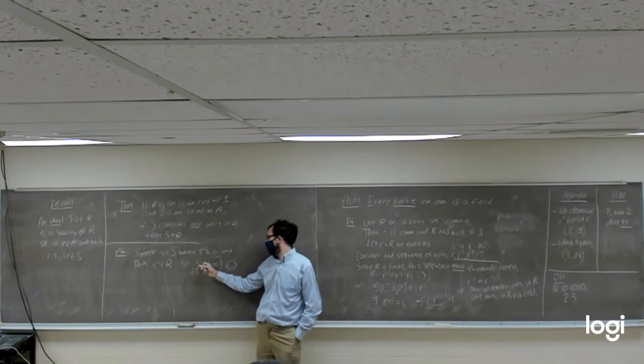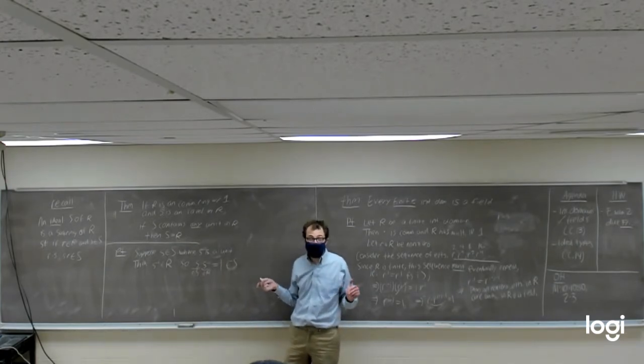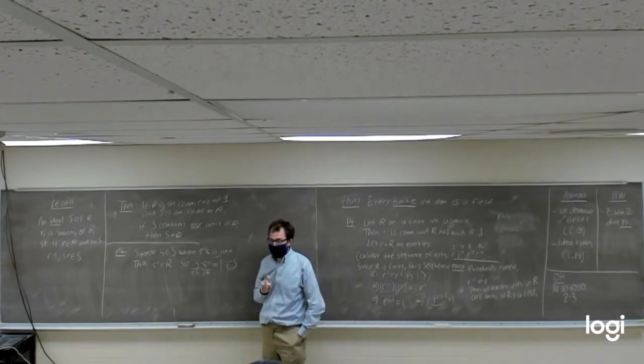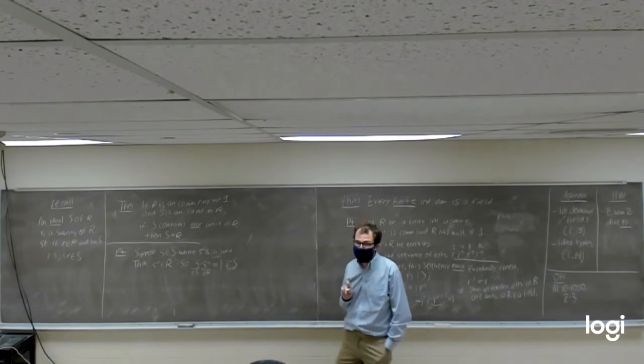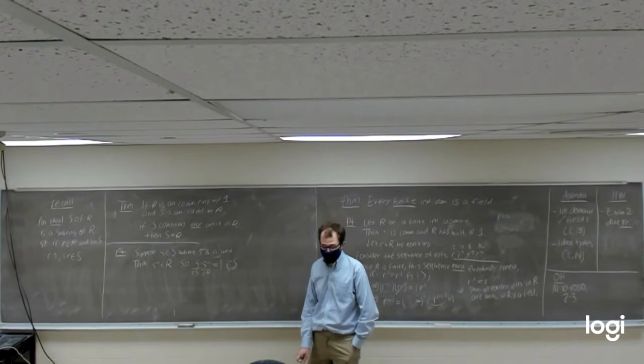Whether or not this element s inverse is in the ideal or not, anything in the ideal times anything in the larger ring has to be in the ideal still. So if big S contains any unit, it has to contain the multiplicative identity 1 to start with.